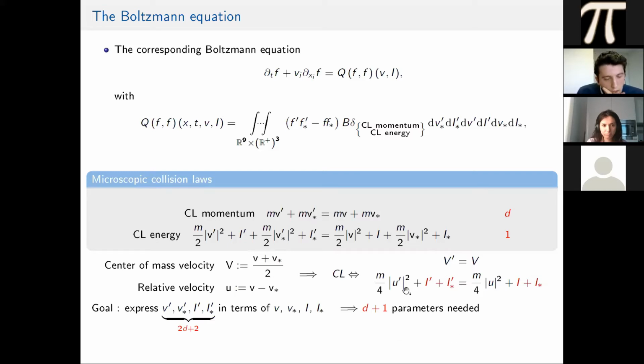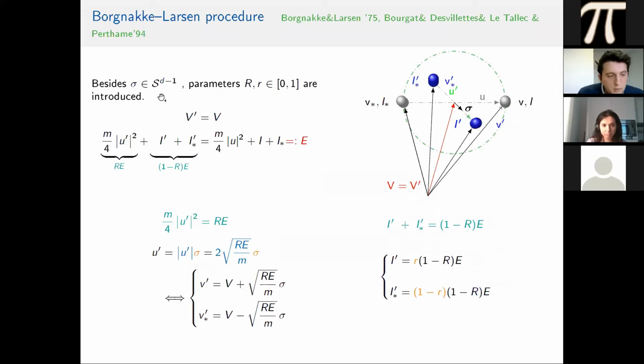And then again, we want to reduce the space of integration, and in a similar way we conclude we need D+1 parameters. As before, sigma will be our standard parameter, but we need two more. For those two, Borgnakke and Larsen suggest the following. The first parameter, capital R, will split our pre-collision energy into two parts: the first part is the kinetic energy, and the second one is the internal energy.